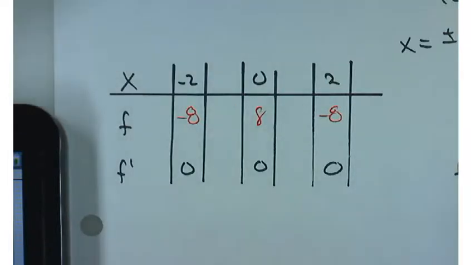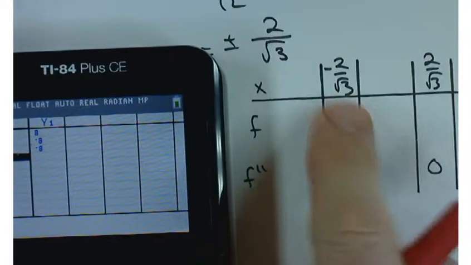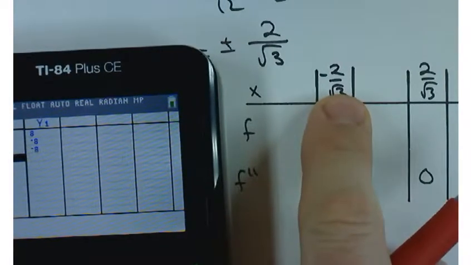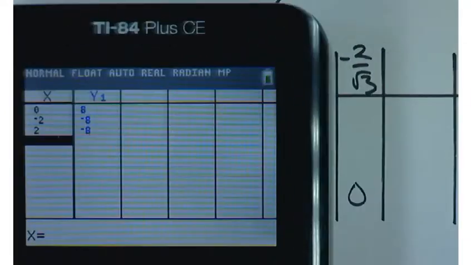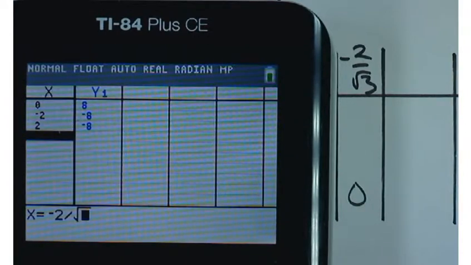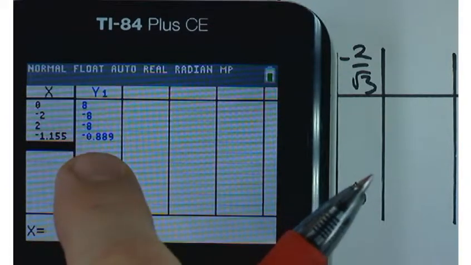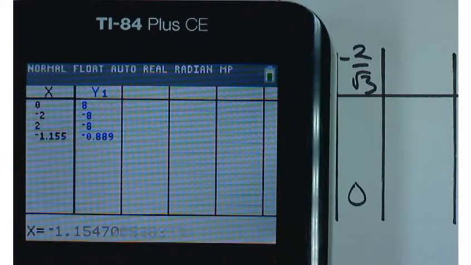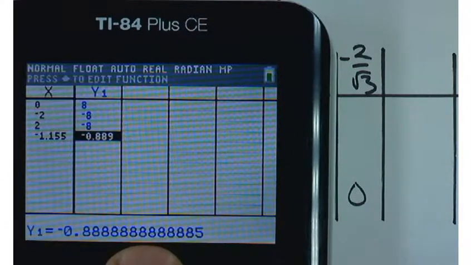Let's type in some more functions. There are some more points, like negative 2 over the square root of 3. And it's going to give me an ugly decimal value, at least initially. Negative 2 divided by the square root of 3. We'll get negative 0.888888, etc. Does anyone recognize what this is probably going to be if you actually evaluate it all out?